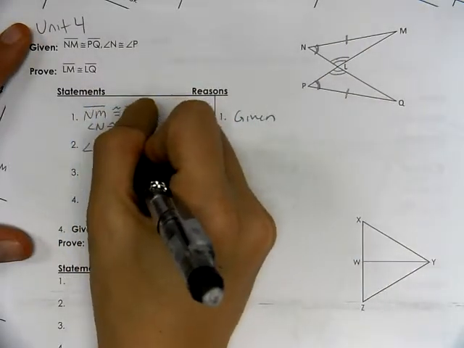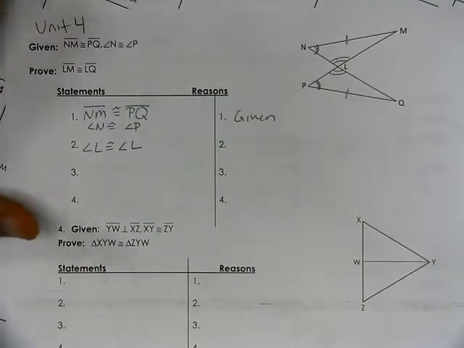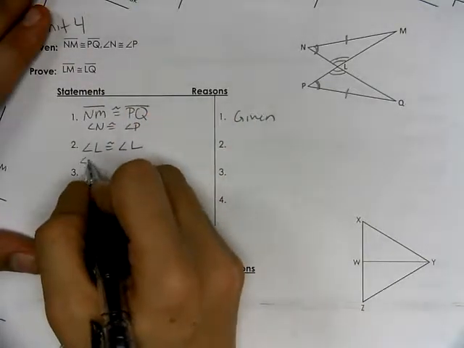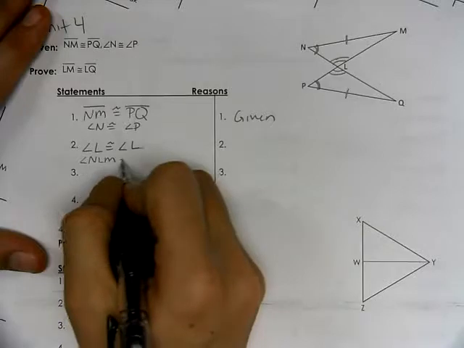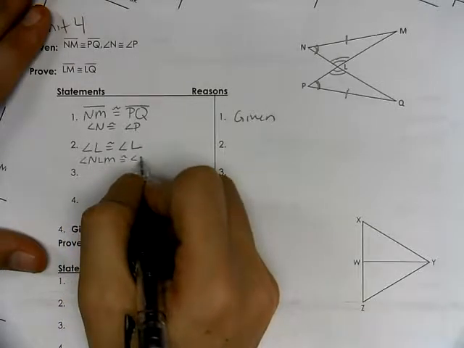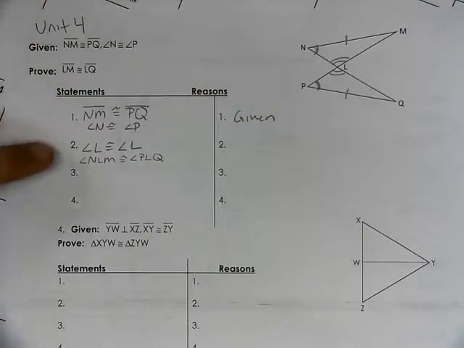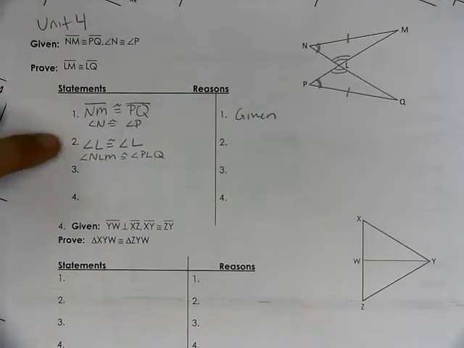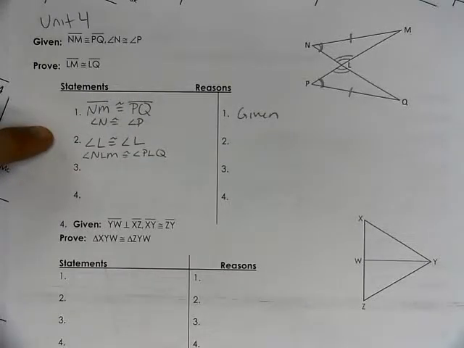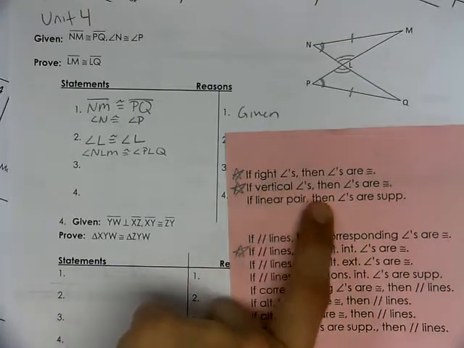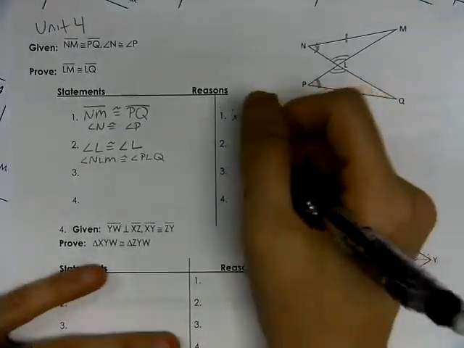Angle L's congruent to angle L. If you wanted to be picky, you could say angle NLM congruent to angle PLQ. On the short answer tomorrow, I'll accept either one. If you want to give me 3 letters, give me 3 letters, or angle L was angle L. So my reasoning here is, if vertical angles, then angles are congruent.